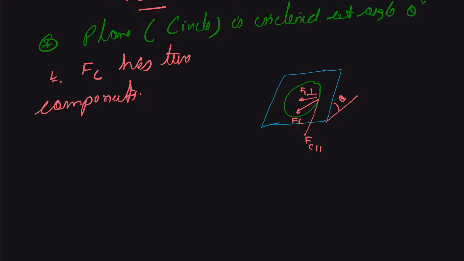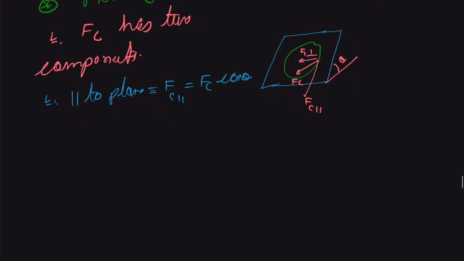Okay. And therefore the FC has two components. The first component is parallel to the plane, which we call FC parallel, and that is equal to FC cos of theta.